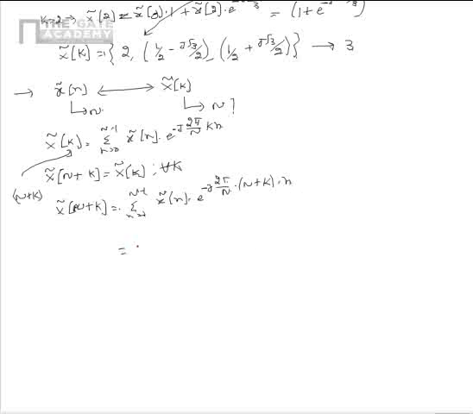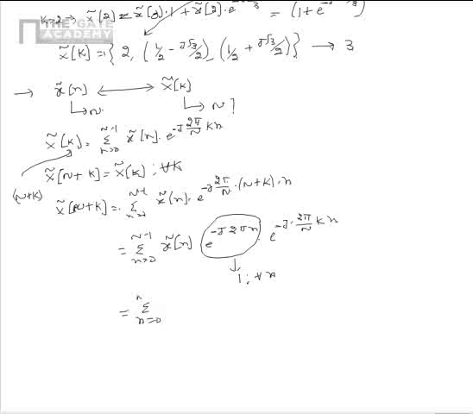This can further be simplified as sigma n is equal to 0 to N minus 1 x of n multiplied by e power minus j into 2 pi n multiplied by e power minus j 2 pi by N kn. But we know that for every small n, e power minus j into 2 pi n is 1. So we can simplify the analysis equation X of N plus k as sigma n equal to 0 to N minus 1 x of n multiplied by e power minus j into 2 pi by N multiplied by kn, which is equal to X of k.